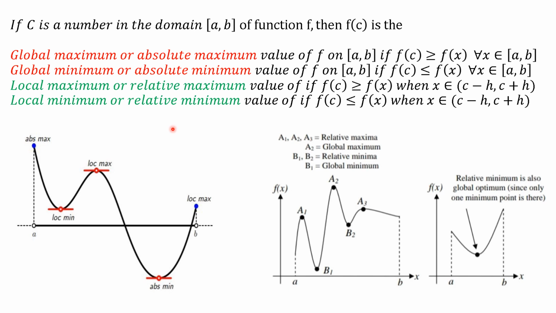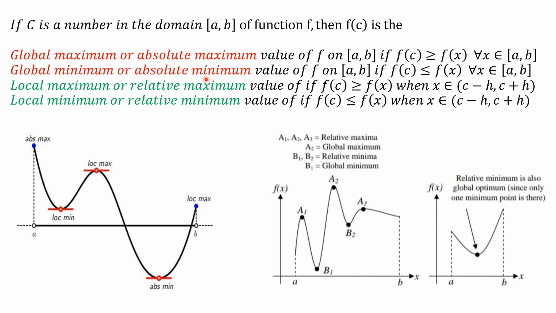Local minima and local maxima are the minimum and maximum values in a selected region of the curve. If we consider the whole graph, or the whole interval, then the minimum and maximum values are called global or absolute values. The global minimum is also the local minimum of the particular region where it is located.